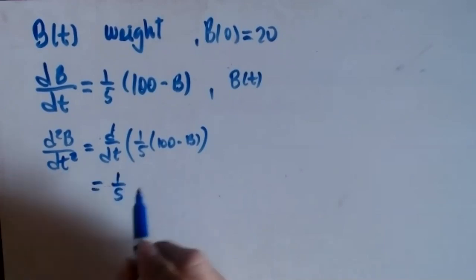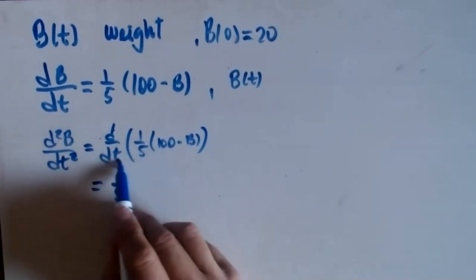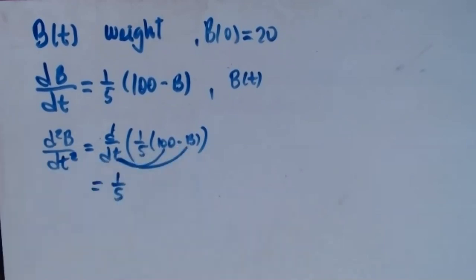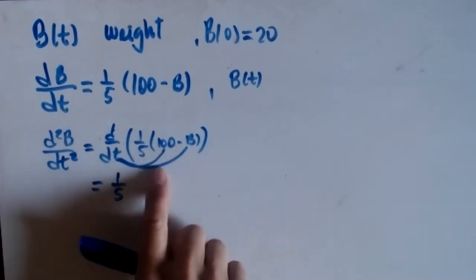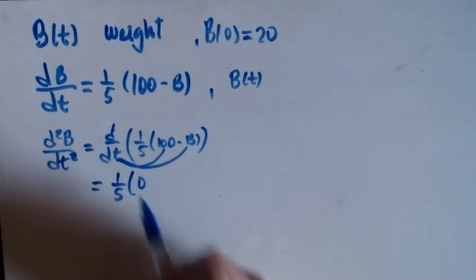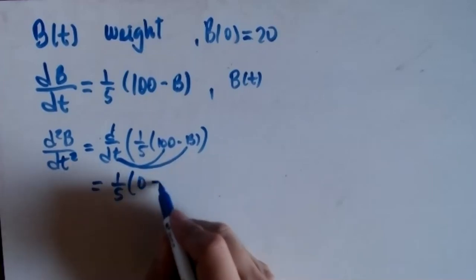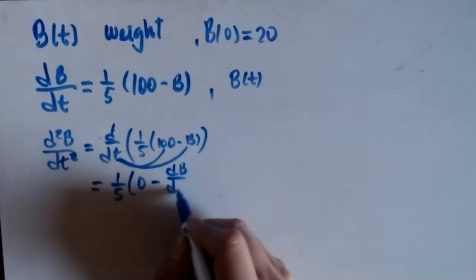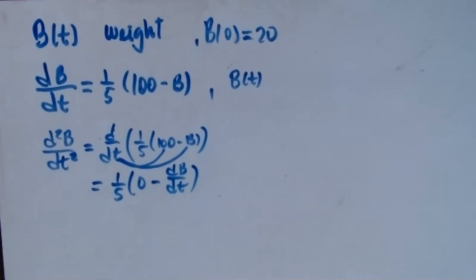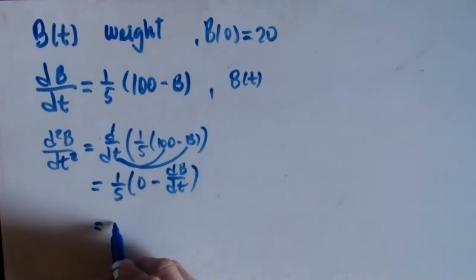It is 1/5 times the derivative of 100 and the derivative of b. What do you think? What is the derivative of 100? 0. And db/dt, correct? Now, this is going to be simply negative 1/5 db/dt.